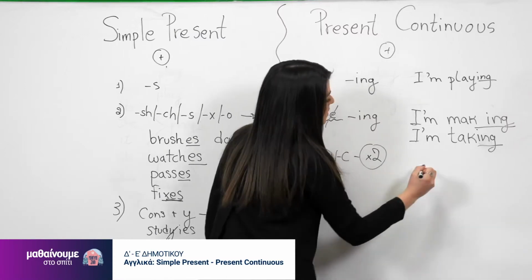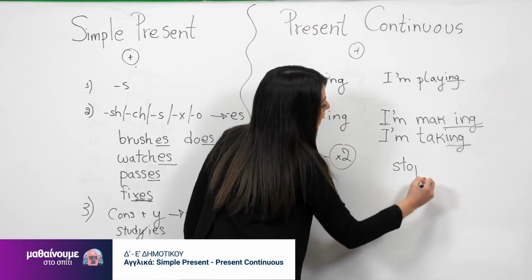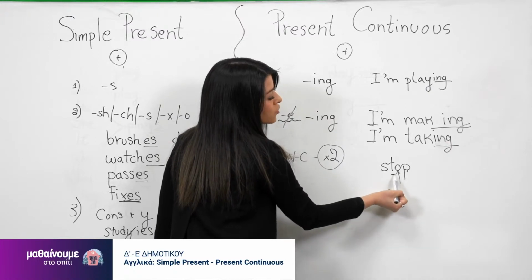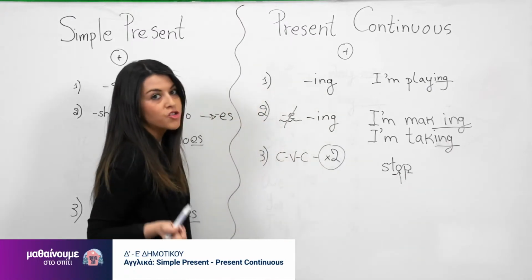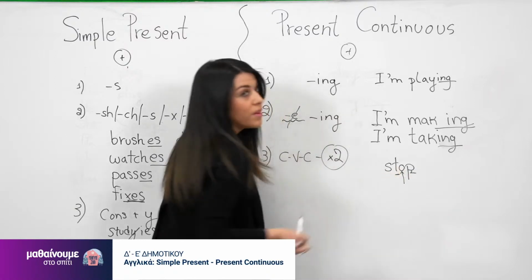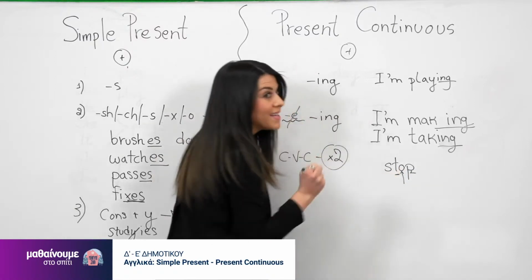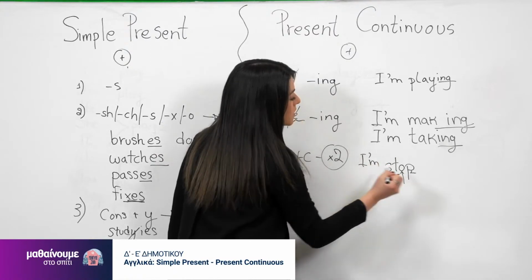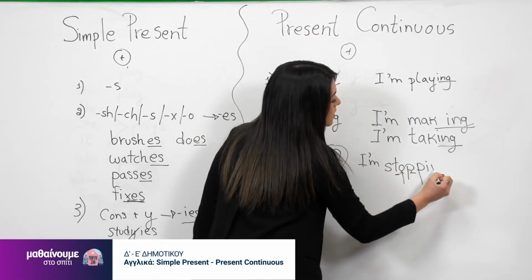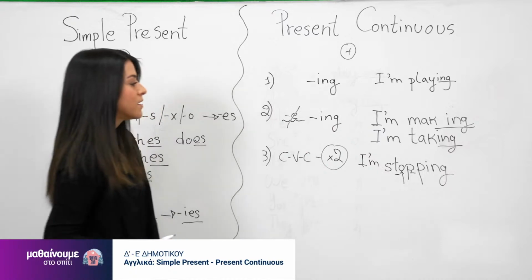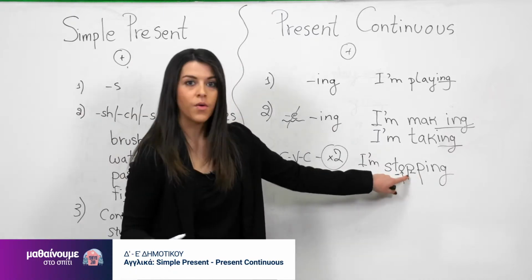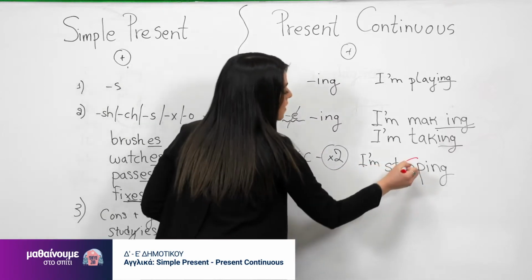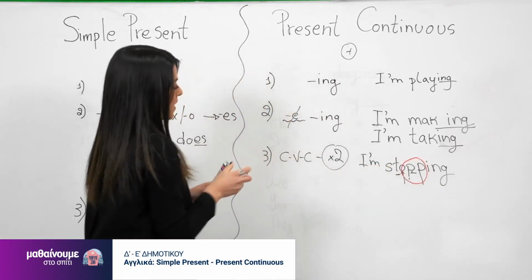Look here, stop. Consonant, vowel, consonant. So we double P, the last letter of the verb. So stop becomes I'm stopping. So you see, two P's. Okay? This is very important, so be careful. Stopping, double P.